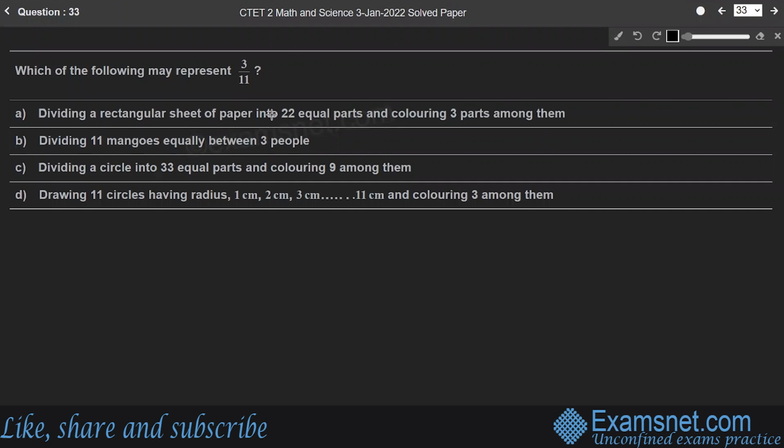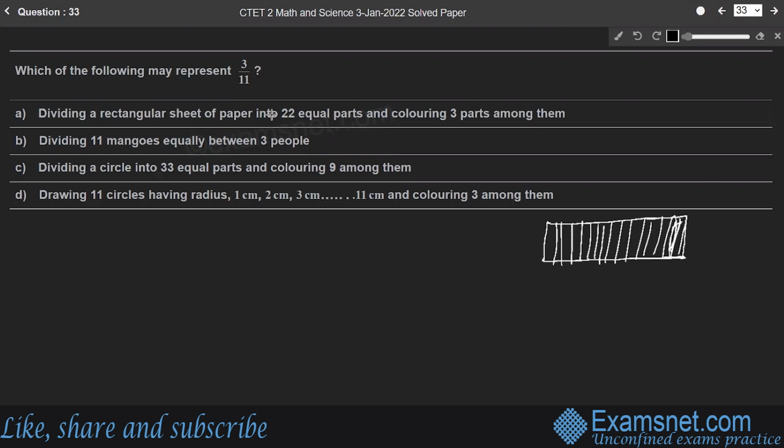Question number 33. Which of the following may represent 3 by 11? Dividing a rectangular sheet of paper into 22 equal parts and coloring 3 among them. So let us consider a rectangular sheet of paper which is divided into 22 equal parts, and among them 3 parts are colored.